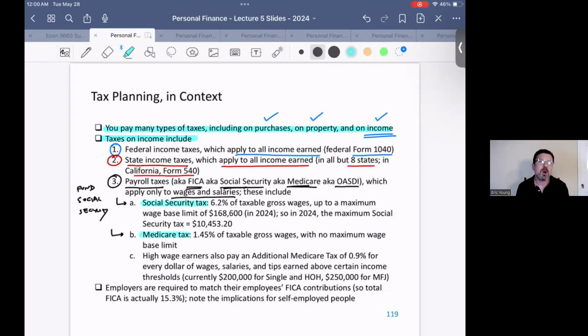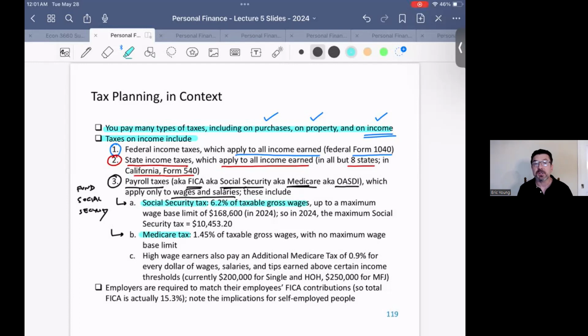For most people, they're just combined together into one big tax, but the way the law is structured, the FICA taxes have two distinct components. Here are the distinctions. Number one, the Social Security tax is levied at 6.2%. So the Social Security tax is 6.2% of your taxable gross wages.